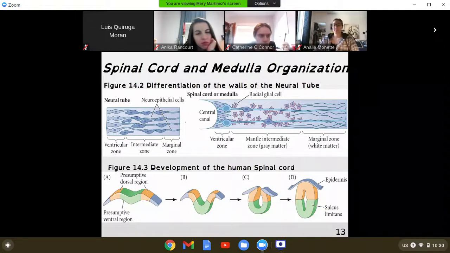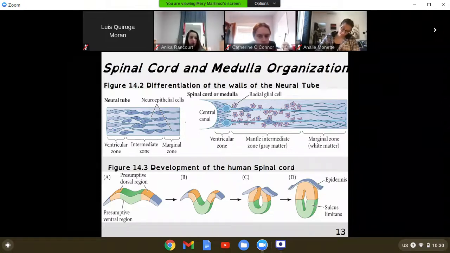Here we have asymmetric division, and pay attention when I say symmetric and asymmetric. Okay, we start with an asymmetric division that takes place in the ventricular zone. So once again, this is the basic architecture that we talked about 2 slides ago. So we start with the asymmetric division that takes place in the ventricular zone.